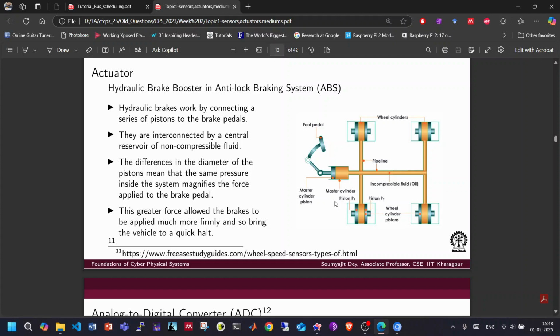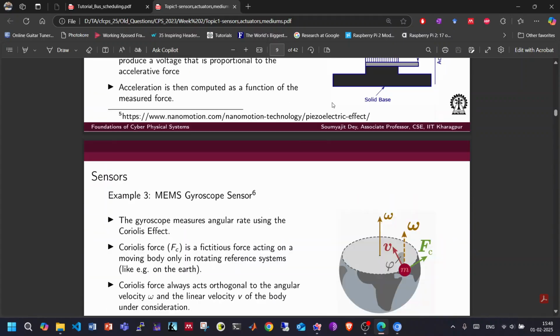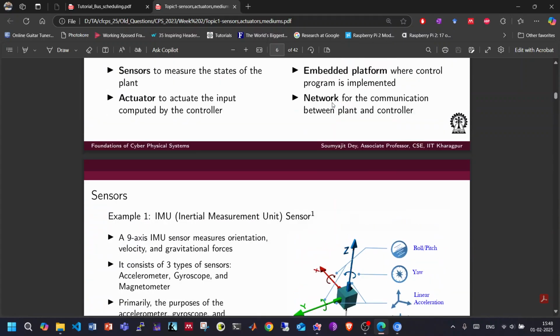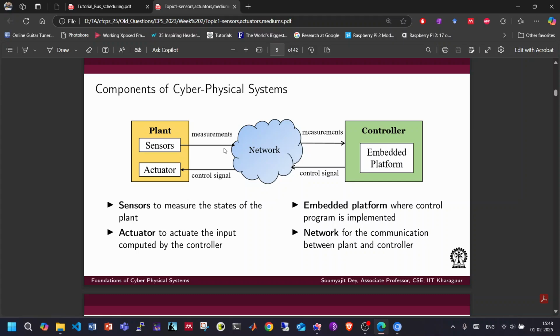Once I'm done sensing the physical state of my system, what is the next thing to do? Basically we are skipping to the actuator. In between, what are the things that happen once I sense the state of the system? Anyone?